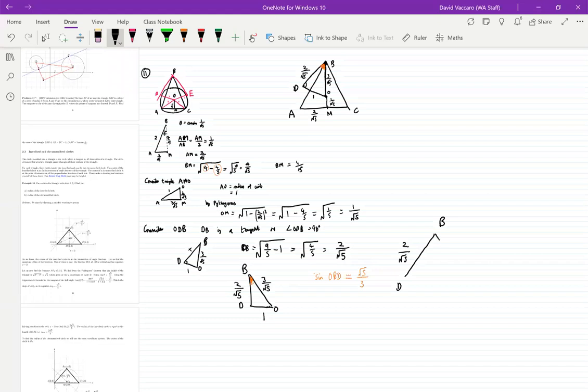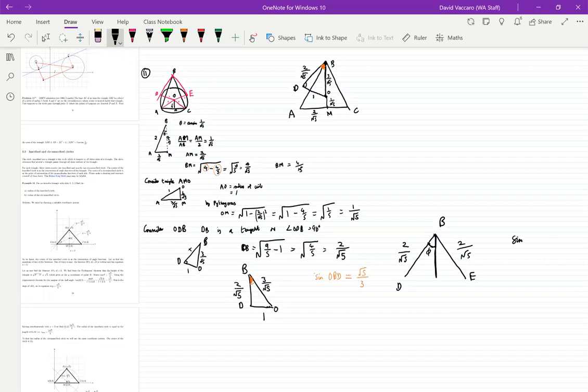By symmetry, BE is also 2 over root 5. And I've got this angle here, OBD, which I'll call phi.